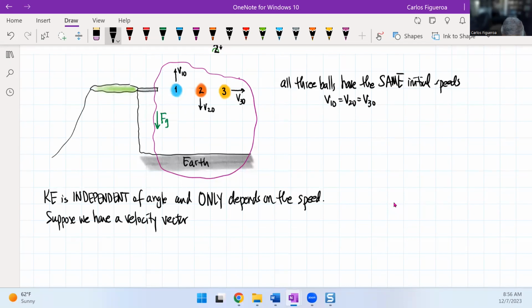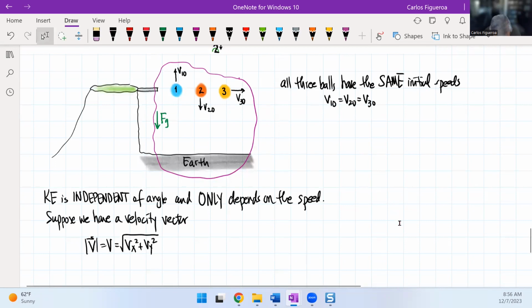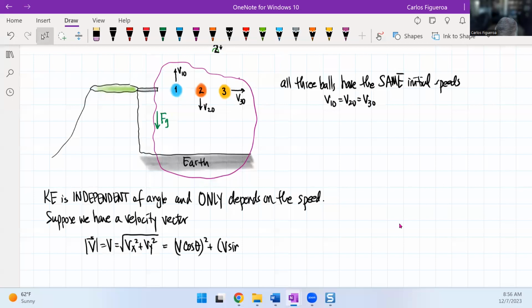So if we have a velocity vector, then the magnitude of the velocity is going to be the square root of Vx squared plus Vy squared. And if I shoot this velocity at an angle, this will then be the square root of (V cosine theta) squared plus (V sine theta) squared.